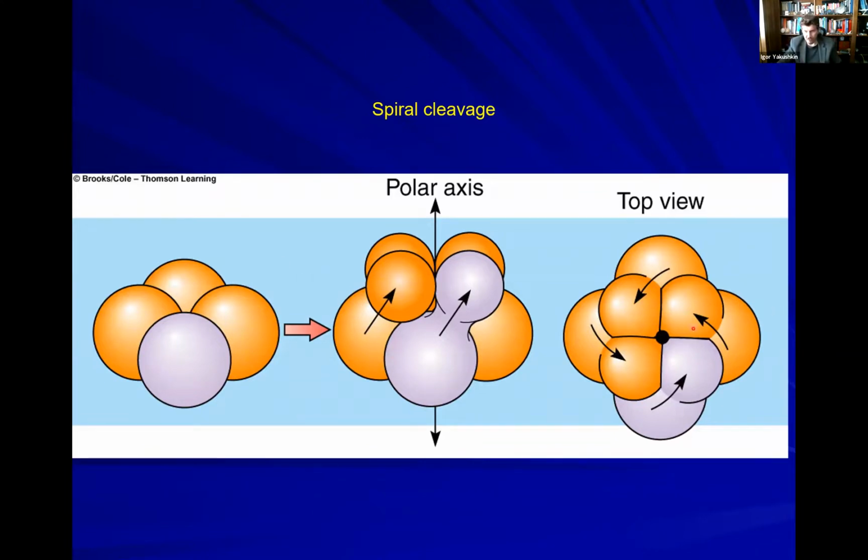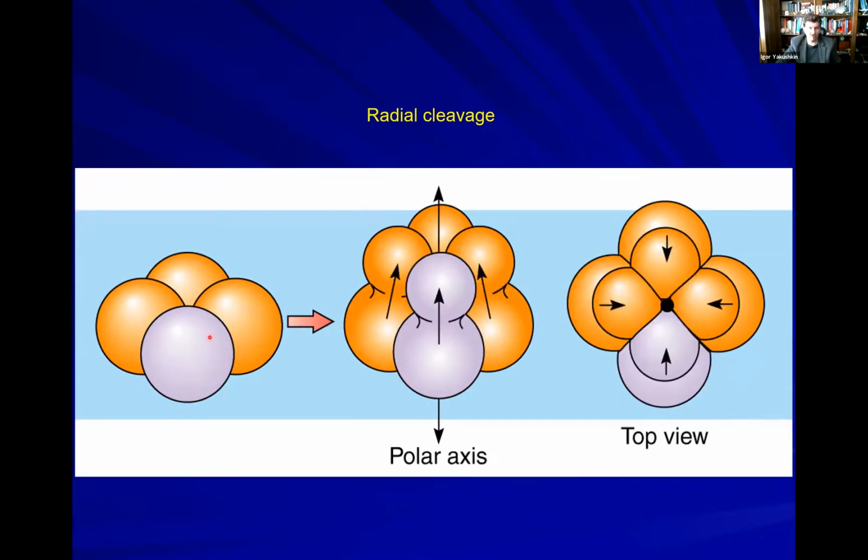As a result, from the top view, you will see the original first four cells, and then we have the next layer, spiraling up, so to speak. In the deuterostomes, when you're looking from the top, you will see that the cells are located one under another.